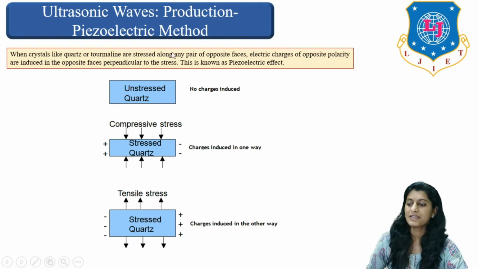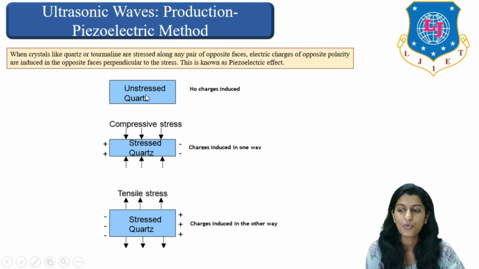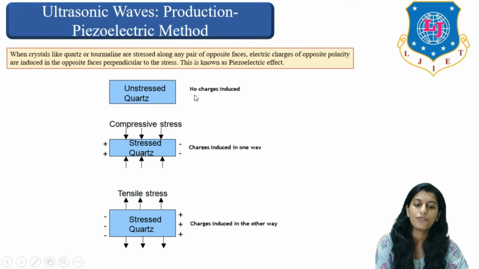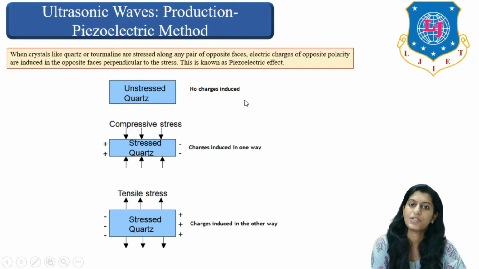Now here you can see this is unstressed quartz, right? So here you can see unstressed quartz material or unstressed quartz crystal. So here as of now there is no charge induced. Now compressive stress is applied and the charges are generated.